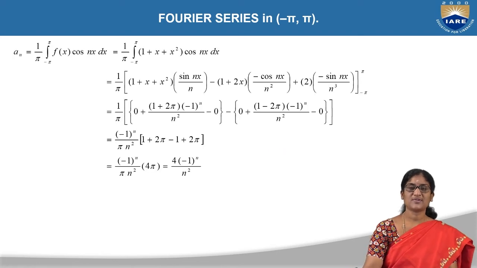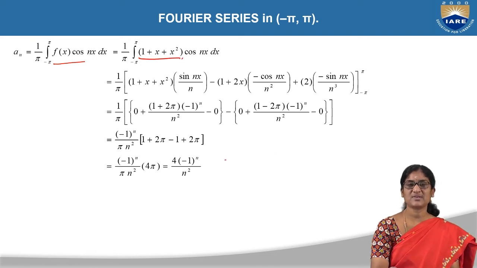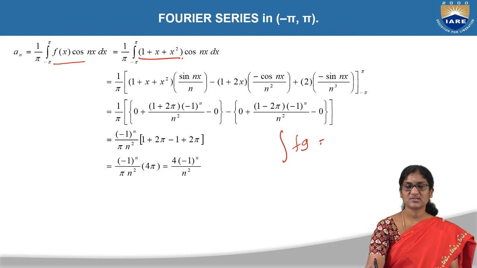Similarly, I am going to find out the an value. The formula is 1 by pi integral minus pi to pi f of x cos nx dx. Here f of x is nothing but 1 plus x square. Let f be that and g be cos nx, and use the same formula, that is, integral of f g comes out to be f into g1 minus f dash into g2 plus f double dash into g3, and so on.